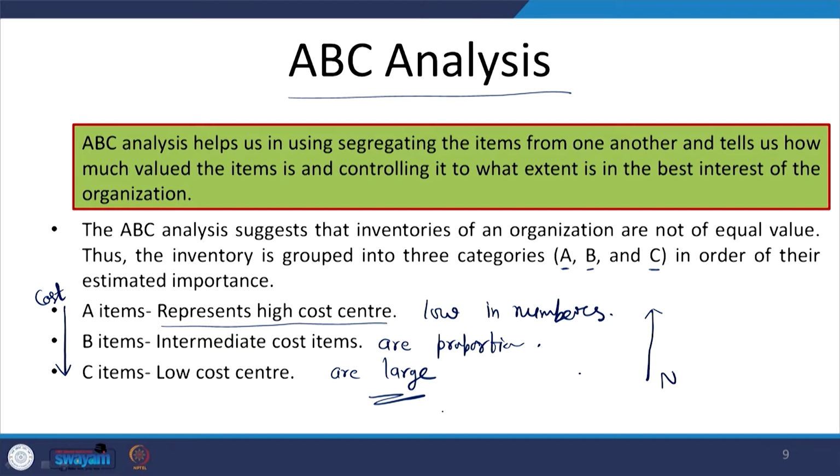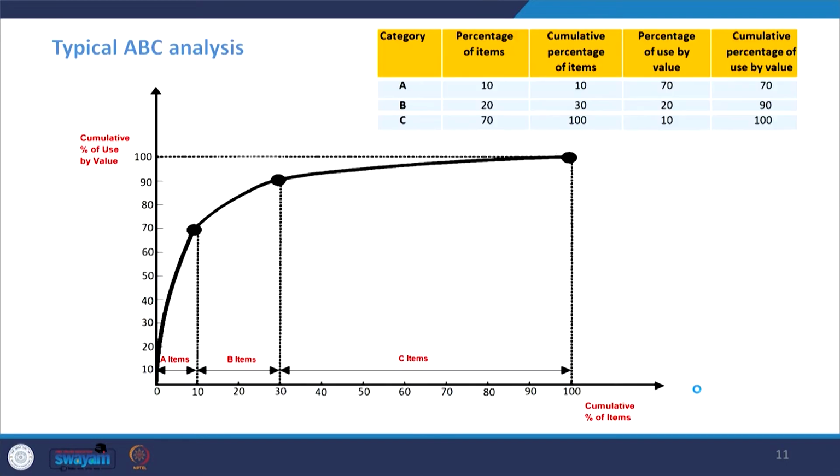So, you have a maximum number of C items, intermediate number of B items and a very low number of A items. We have a diagrammatic representation of A, B, C items which will help us in understanding the meaning of these three items on these two parameters.